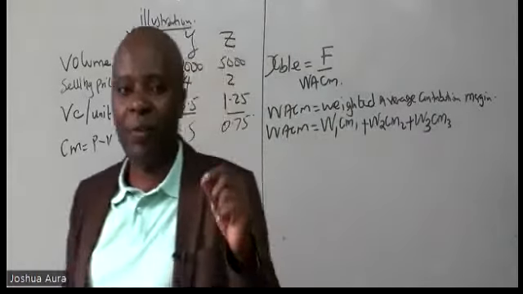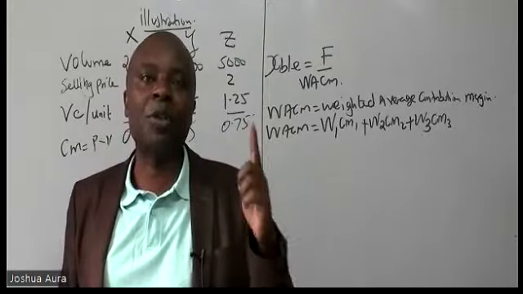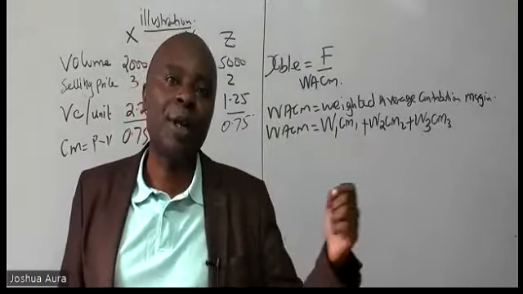To get the weighted average contribution margin, we take the individual weights times the contribution margins for each product like that.